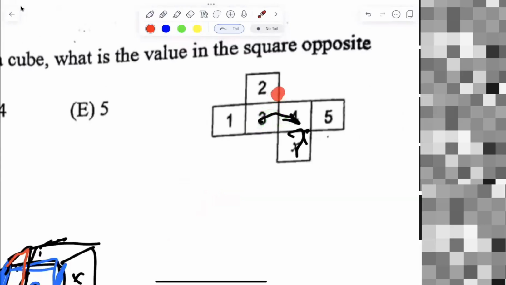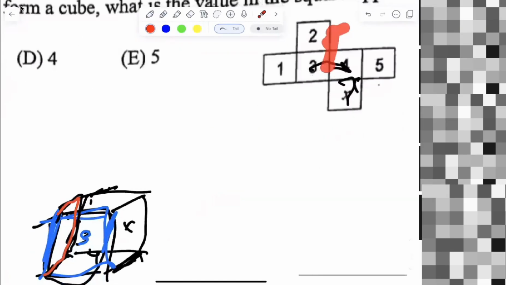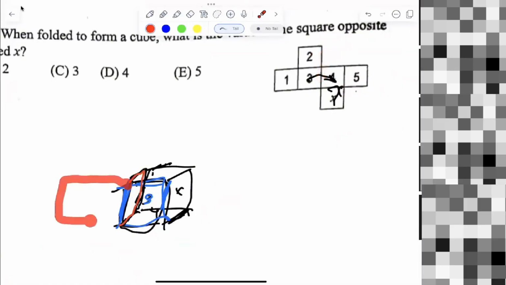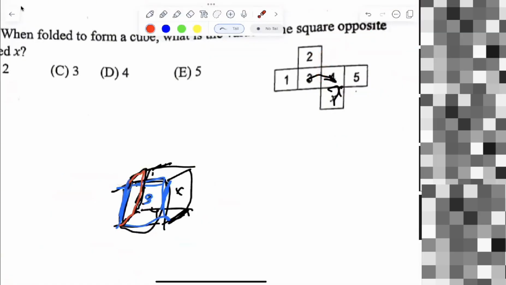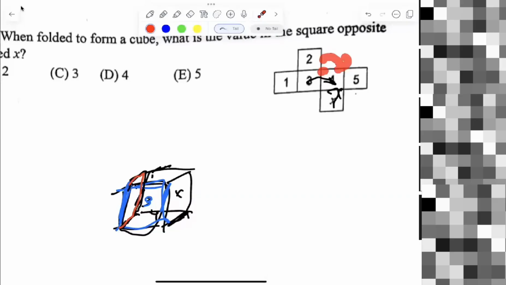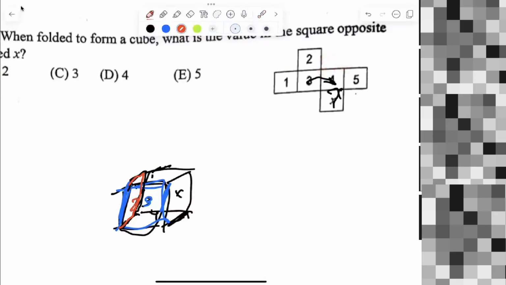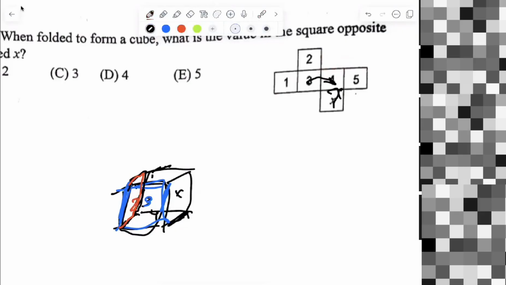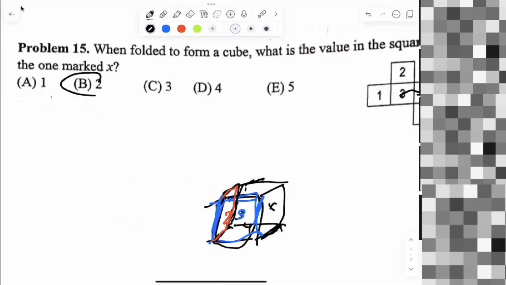Now this two will also be flipped over, and then extend it like this. So naturally, we will fold it in. After we flip, we can fold this in to get to over here. From there, we notice that that's the opposite of x, which is just 2 or b.